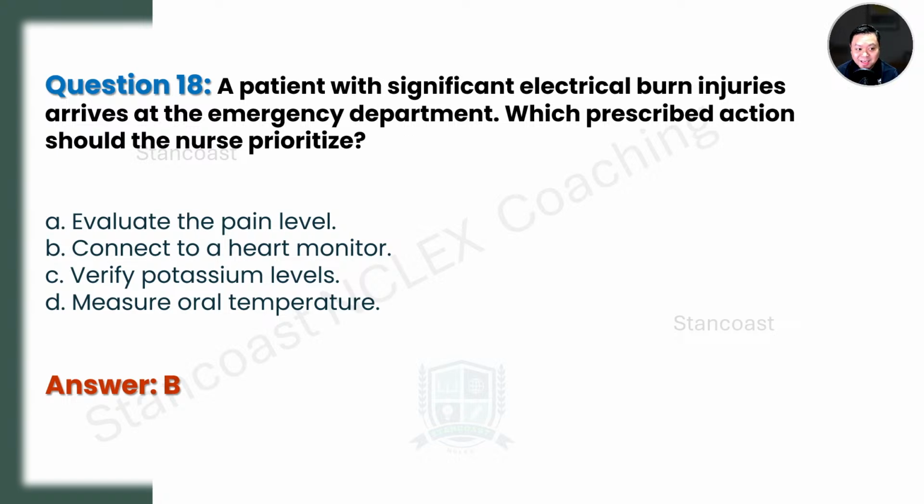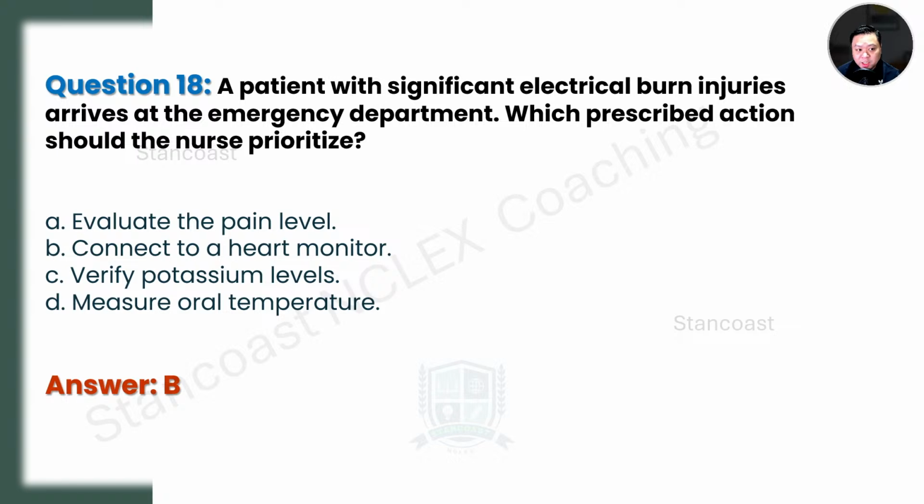Again, the impact of the electrical burn, the electrocution, will have much more of an impact directly on the heart rhythm. So we need to do that initially. Now, letter D, measure oral temperature. This is also important, but it's not a priority intervention compared to the patient's assessment through heart monitoring.